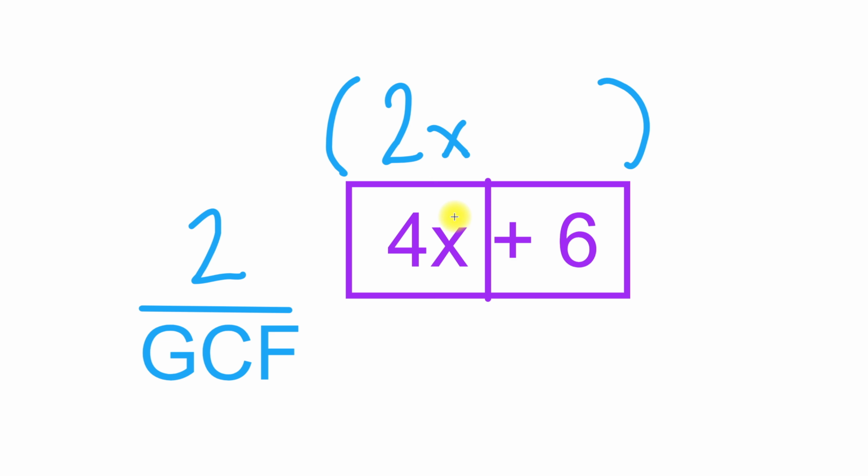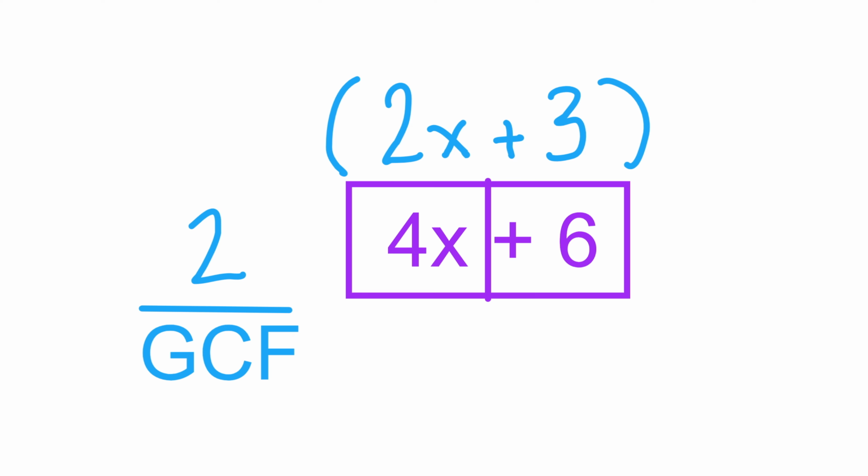And then the second term we're going to divide is this term 6. We've got positive 6 divided by positive 2, which will give us positive 3. So when I go to write my new expression, I'm going to write the GCF first, followed by the rest of my factored expression.